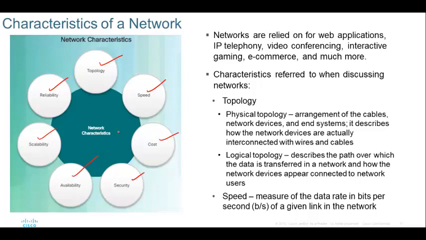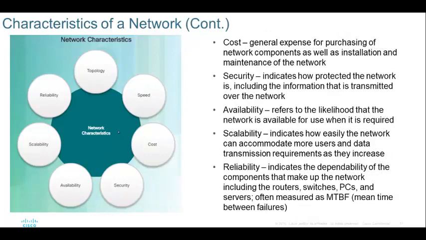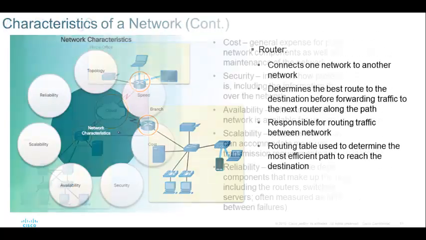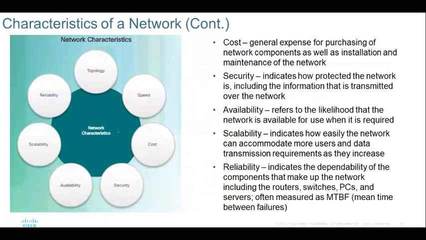Now, what is the router? Router is needed for routing. Routing between networks is only possible through a router, not through a switch. So if you want to communicate from one network to another network, you need routers.